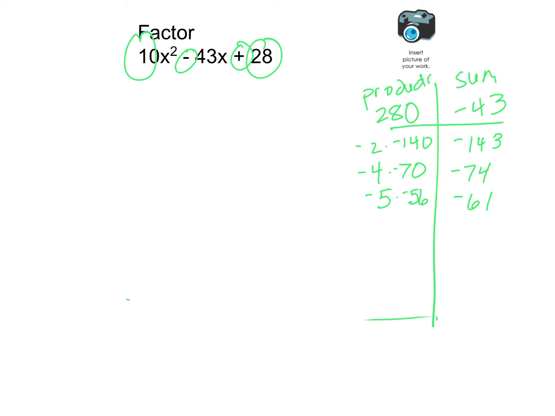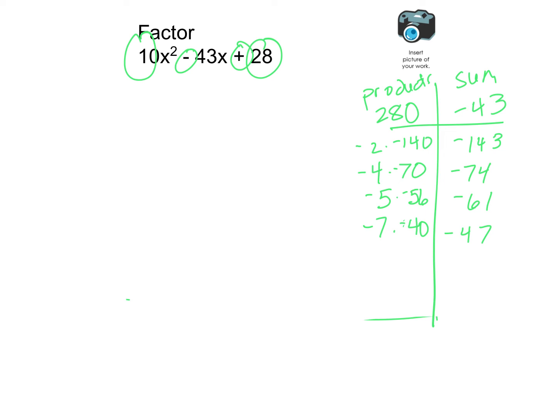Is it divisible by 6? Yep. Negative 6. Let's see here. 6 goes into 28 4 times. It's 40. Oh, no, that's not it. Nope, it's not divisible by 6. Is it divisible by 7? Yes, it is. So I remember I have to have negative numbers. So negative 7 times negative 40, which is negative 47.